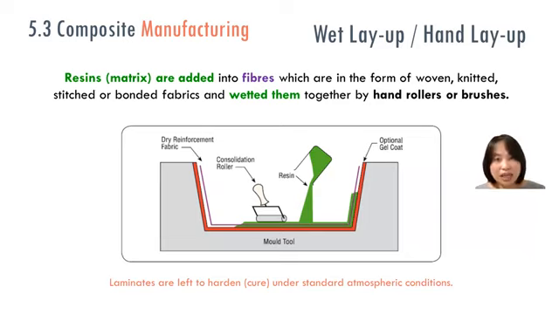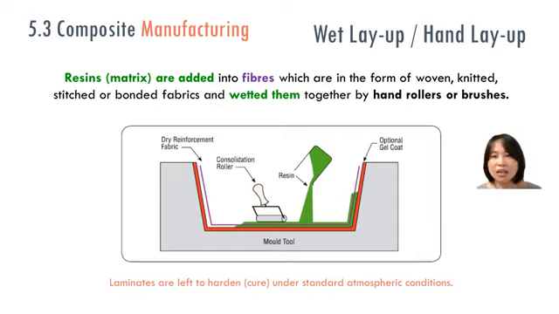The fibers are already there, resin is added in, and then to wet them, the composite maker normally uses a hand roller or brush to help wet them together to make a good composite, okay? Like in these figures.